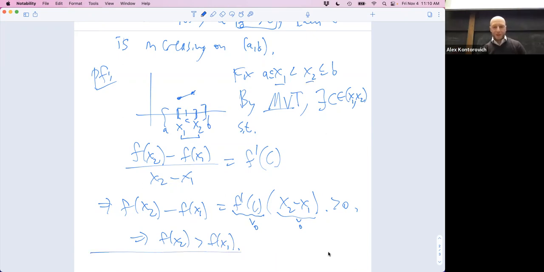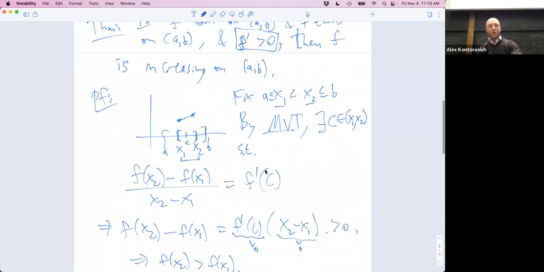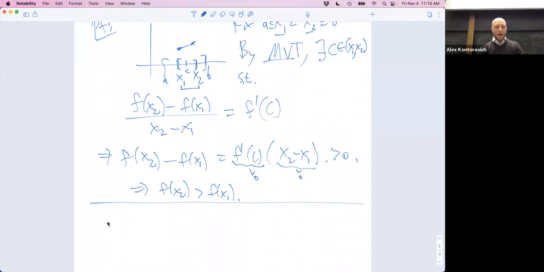All right. So that's the kind of theorem you can prove using the mean value theorem. But really what it tells us is what's called the first derivative test. Let's say a function is differentiable.